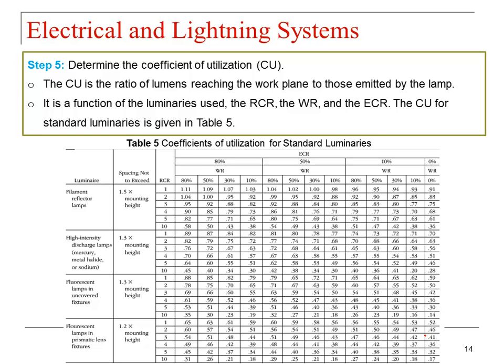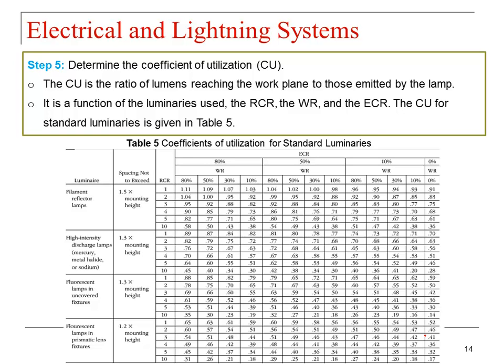Step 5, determine the coefficients of utilization. So this coefficient is the ratio of lumens reaching the work plane to those emitted by the lamp. So it's a function of the luminaires used, the RCR, the WR, and the ECR. And we have some standards here depending on the type of luminaire that you're using.